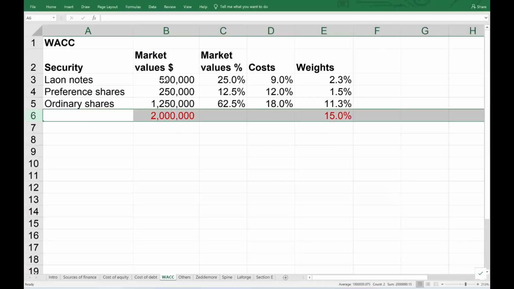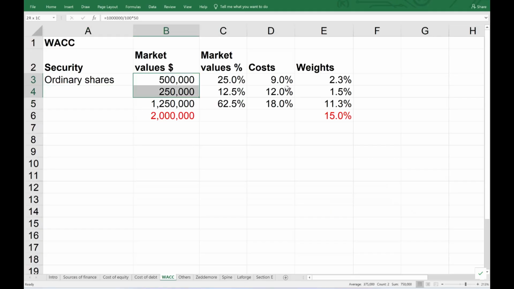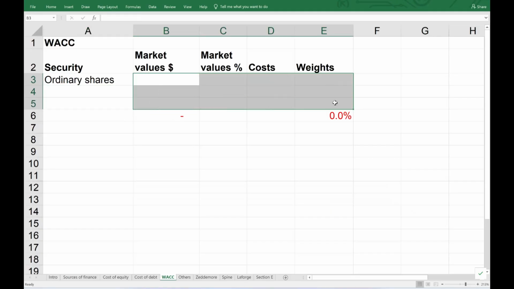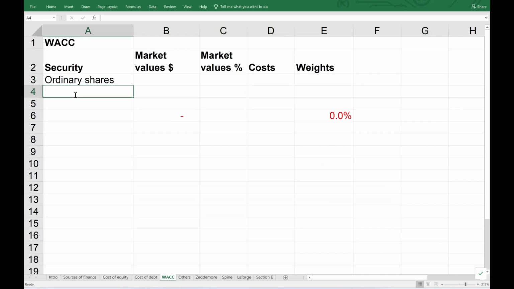Okay, so here we have only two securities. We have ordinary shares and we have loan notes, right? Okay. First of all, find the cost.